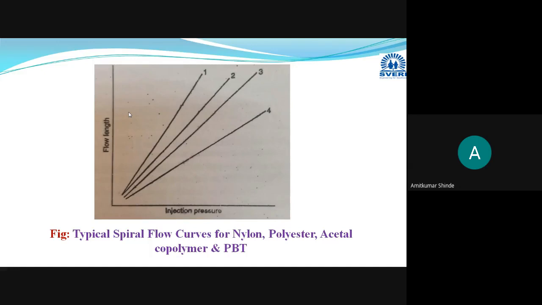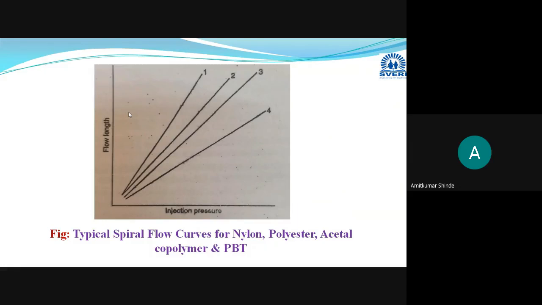Okay. Now, why is it necessary to go through this flow curve? Depending on this flow curve, you will be able to understand how much flow length that material will provide. It gives you a measure of how far one can expect that plastic material to flow in the mold cavity or through that gate into the mold cavity.